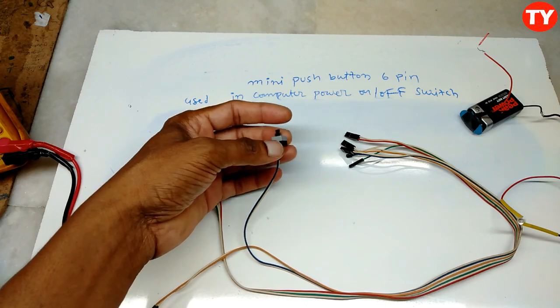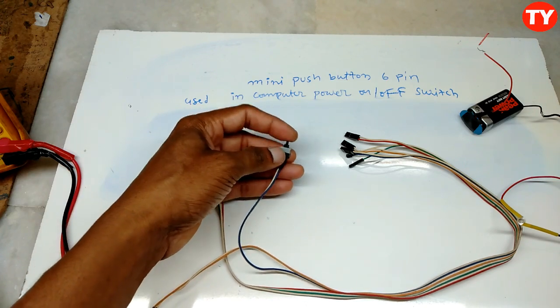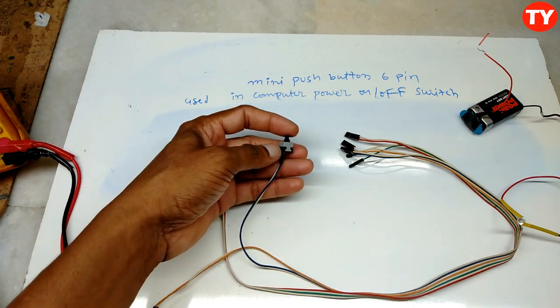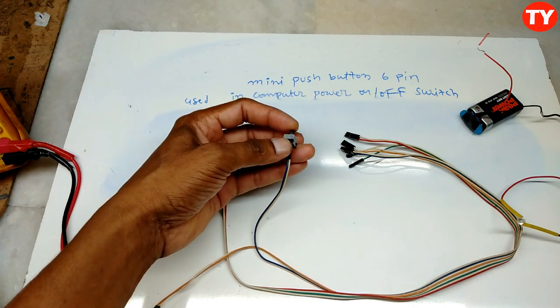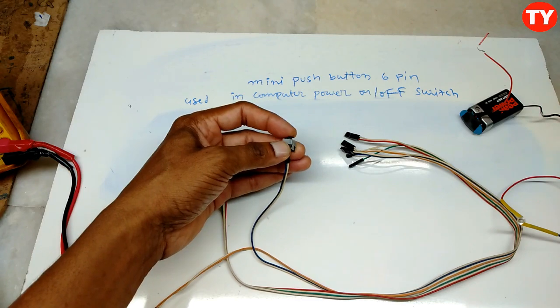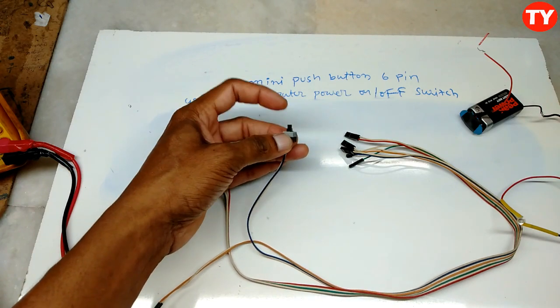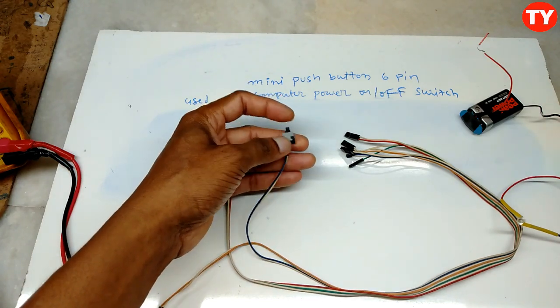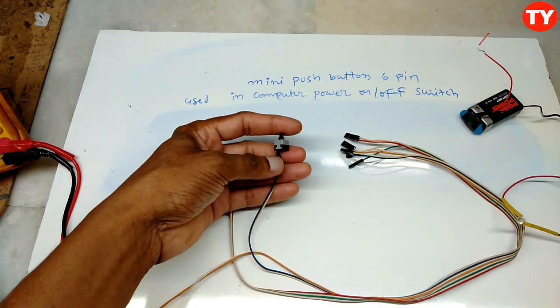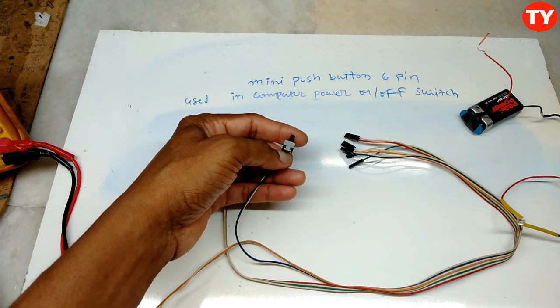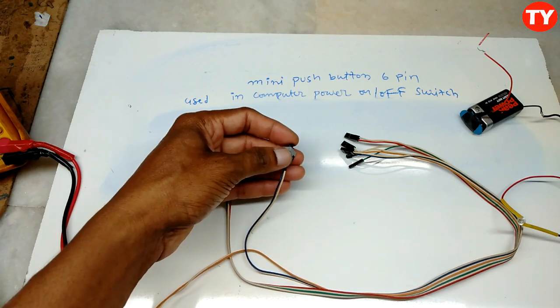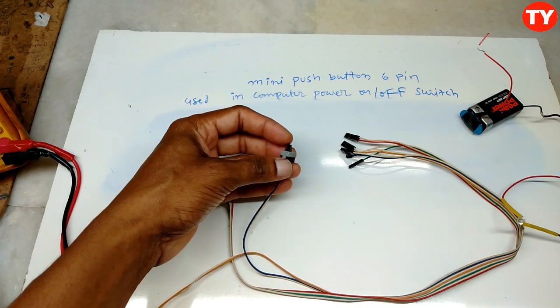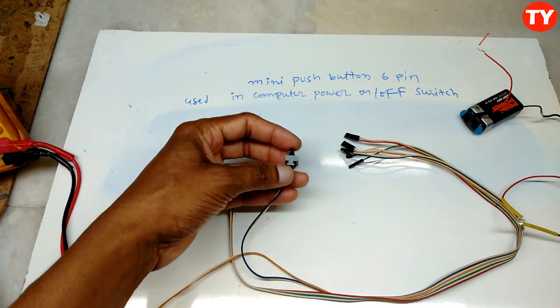That time also we have to check if anything is stuck in this power switch. If your system reboots itself, that time also we have to check this power switch.